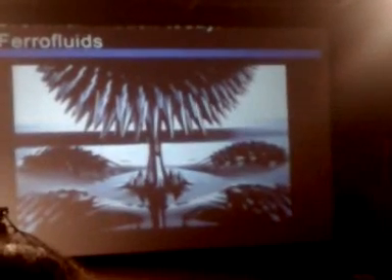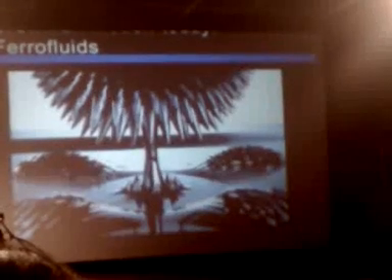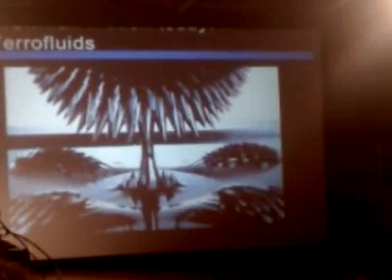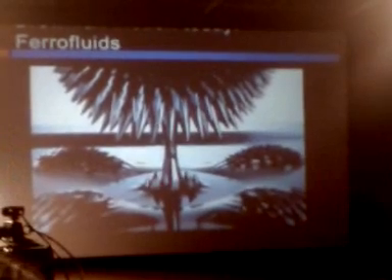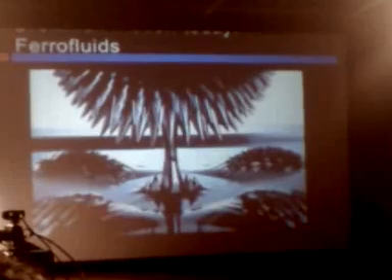Another example of thinking about particles is ferrofluid in Brownian motion. Now, if you've been to some of the exhibits in the exhibit hall, the technology age, there's a giant tub of this stuff. It's called ferrofluid. It looks like a magnetic liquid, but that's impossible. You can't have a magnetic liquid.